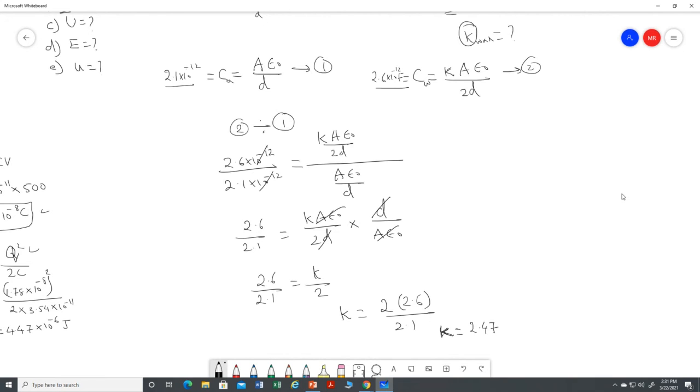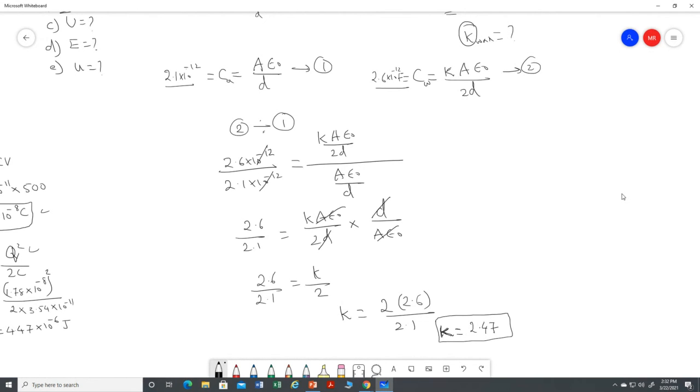The value of K is unitless, so no unit. So my dielectric constant for the wax is 2.47. Clear, my dear? Understand? Yes, doctor. Any doubt?